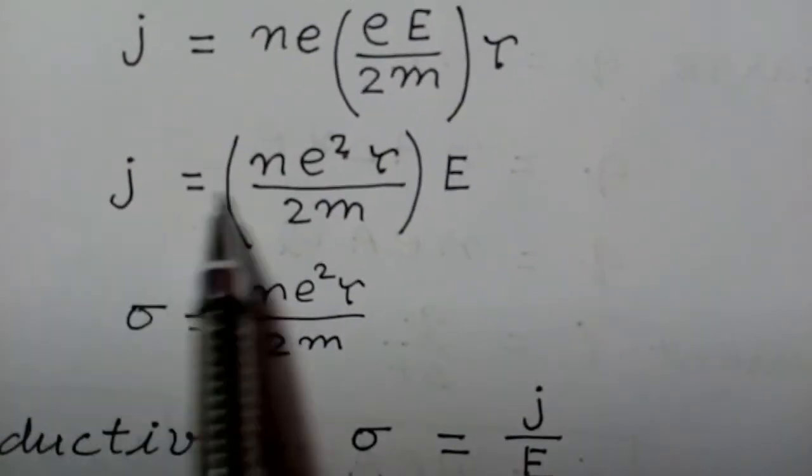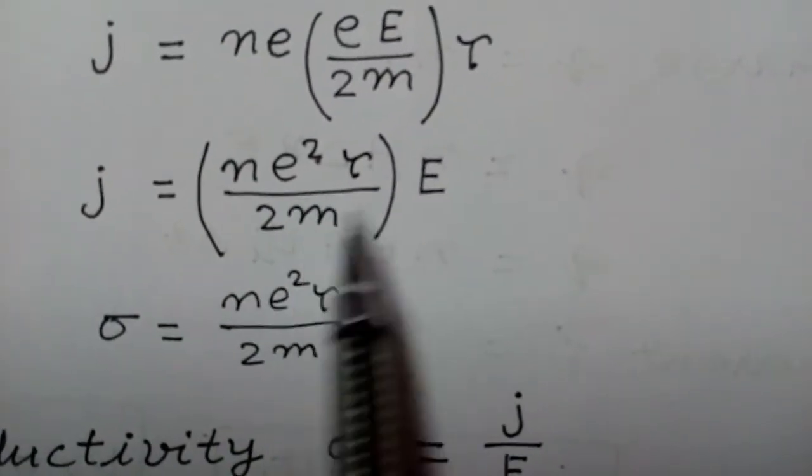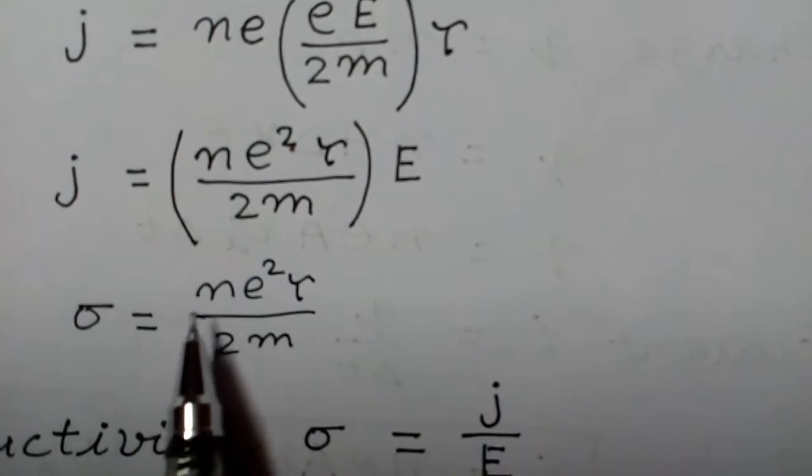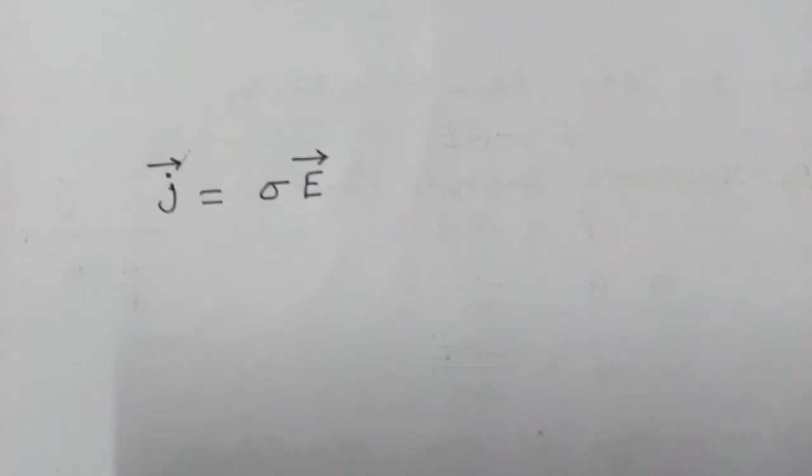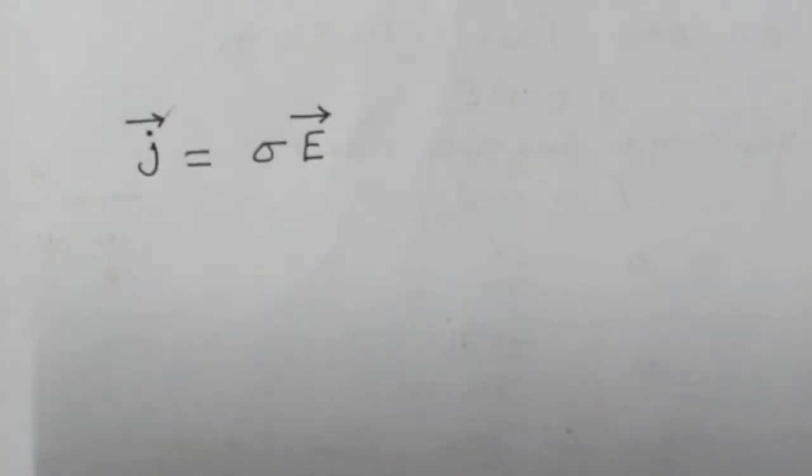Now since J is equal to ne square tau upon 2m into E, we can write J is equal to sigma times the electric field intensity E, meaning current density is equal to conductivity times electric field intensity. This is also known as the vector form of Ohm's law. Ohm's law is V upon I is equal to R, and this is the vector form of Ohm's law.